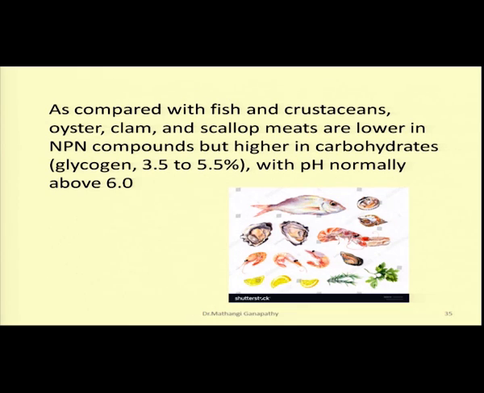Here the glycogen is 3.5 to 5.5% with pH normally above 6. But in oysters, clams and scallops, the outer molluscan shell helps to protect the animal, and it is harvested and immediately processed, so you have less chance of microbial contamination compared to shrimp.